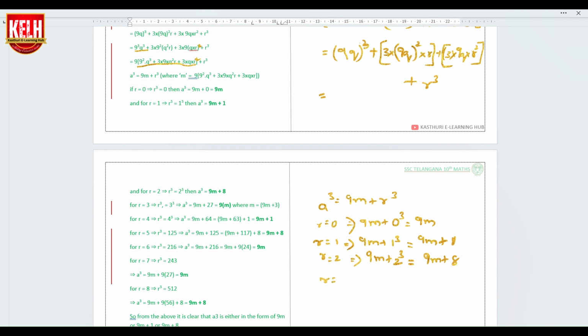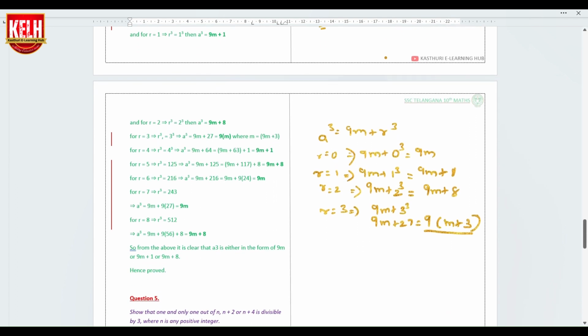If r equal to 3, what will you do? 9m plus 3 cube. What is our 3 cube? 9m plus 27. This if you write in terms of 9, how will you write? 9 into m plus 3. Okay, so this is 9 into something. So you can say 9p also. Okay, this is again coming in this 9m form.